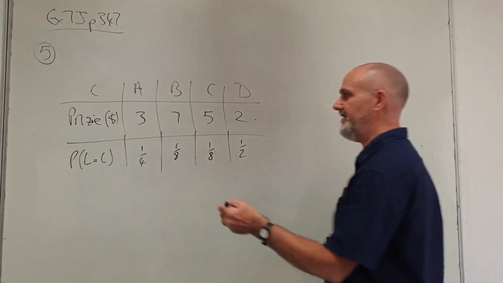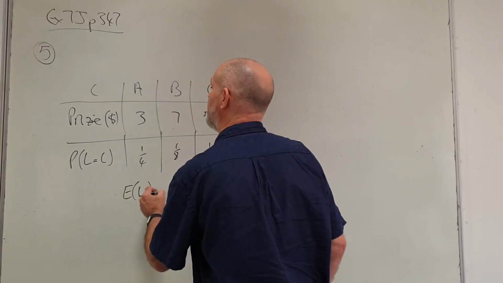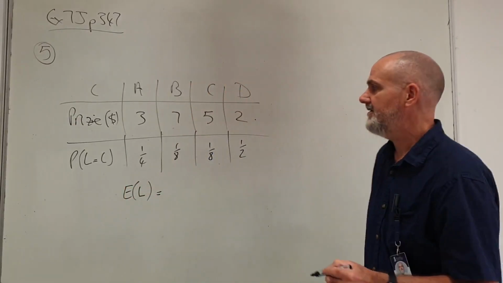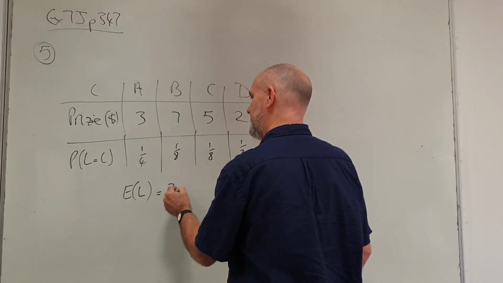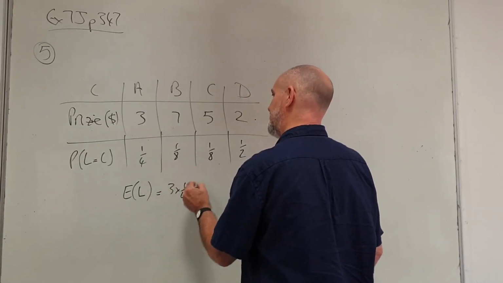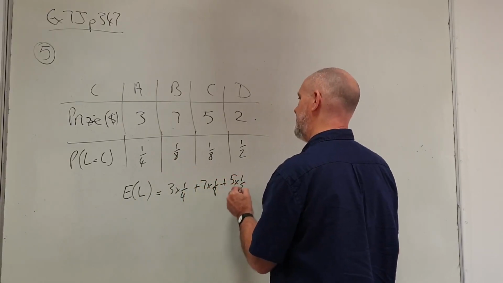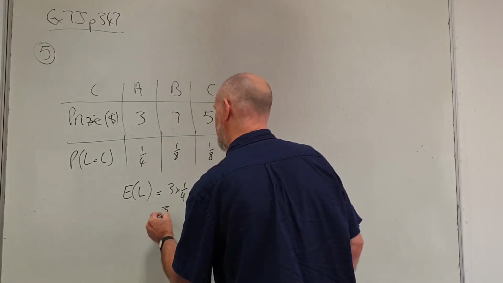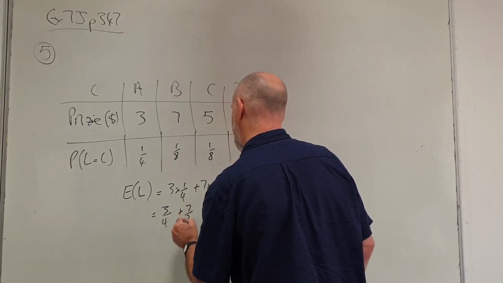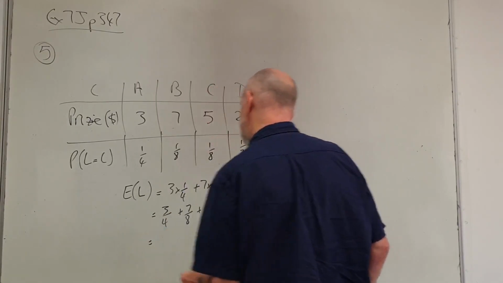So that's fine. So the expectation of L, the overall expectation, is 3 times a quarter plus 7 times an eighth plus 5 times an eighth plus 2 times a half, and that's 3 quarters plus 7 over 8 plus 5 over 8 plus 1.